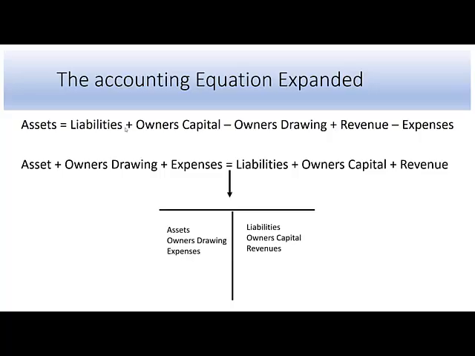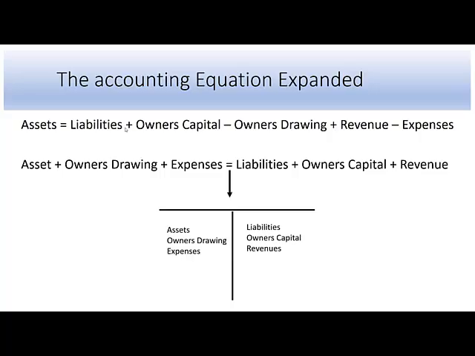But if we use that T account and we put the elements that are on the left side of the equal sign on the left side of the T account, and the elements that are on the right side of the equal sign on the right side of the T account, we then have determined which accounts are increased with debits, those that are on the left side, and those accounts that are increased with credits, those are the ones on the right side.